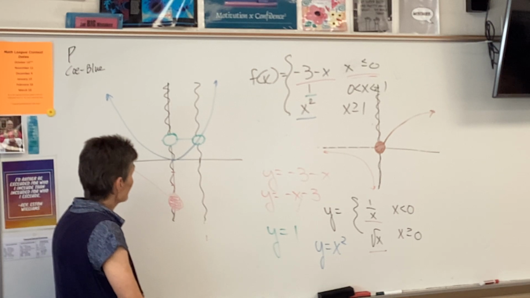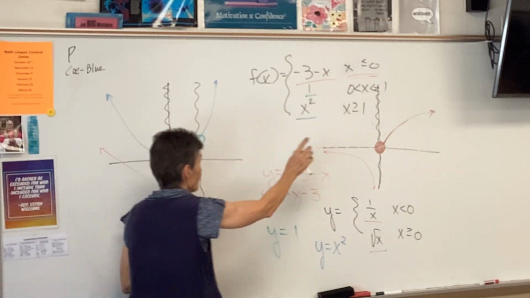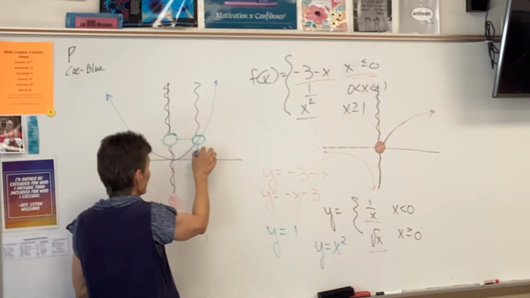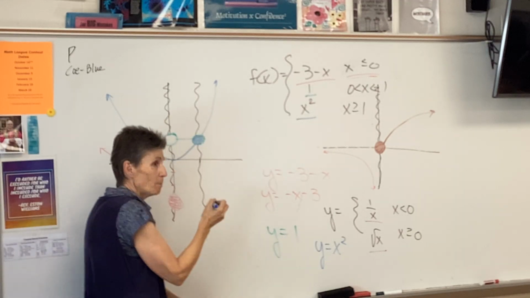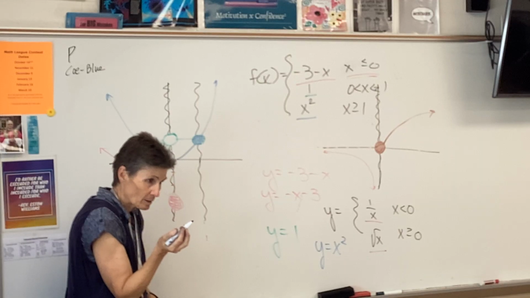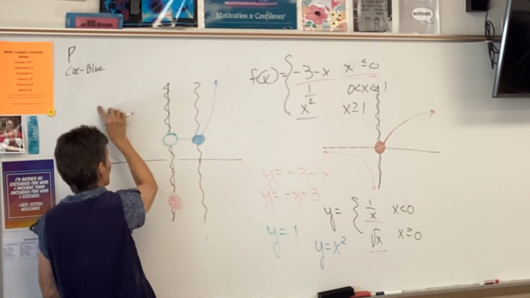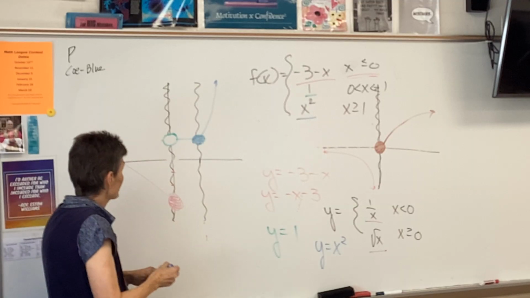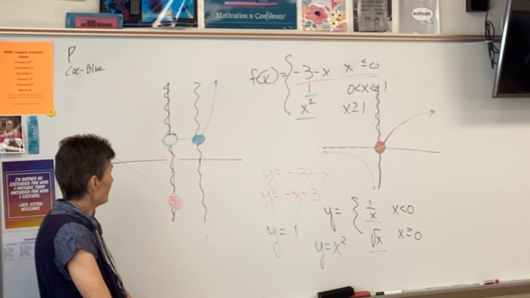It hits both of these, but I only care about this one. So right here, and that will be a closed dot. So remember when it was open with the green? Well, now it's closed with the blue, and all of this is not there. These guys always look funky.